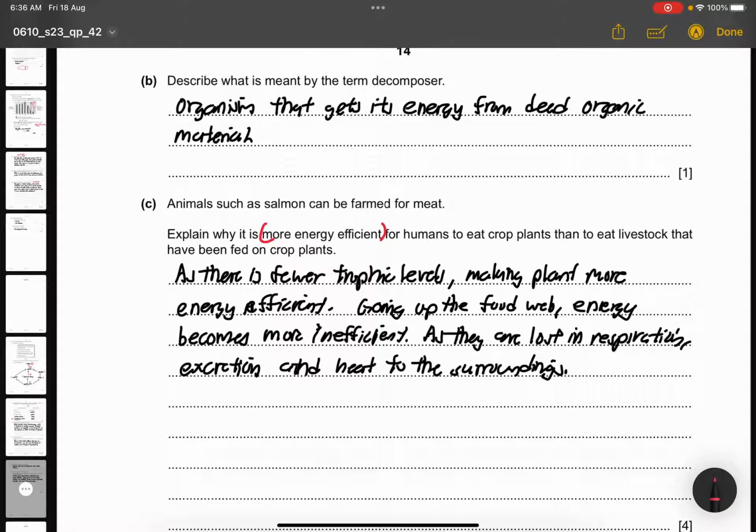So as there are fewer trophic levels, plants become more energy efficient because they have the most energy. So going up the food chain, energy becomes more inefficient. As the trophic level increases, energy is lost by respiration, excretion through urine, and heat being lost to the surroundings. This decreases the energy as it goes up.